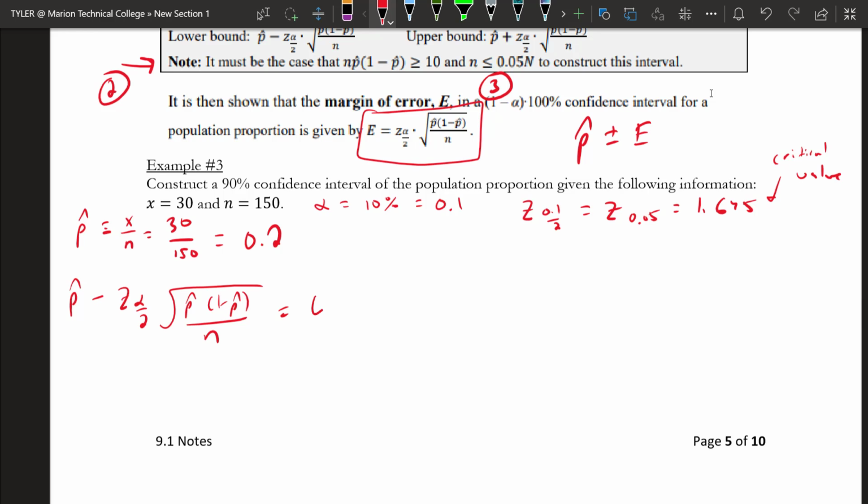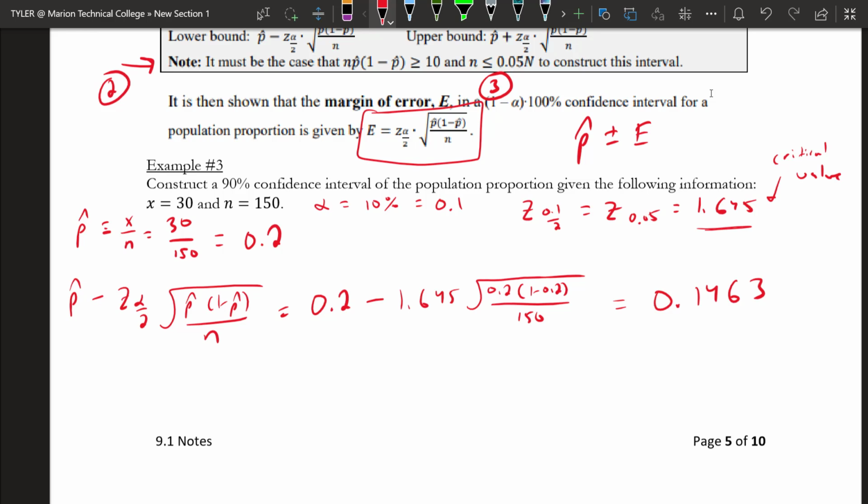My point estimate p hat is 0.2, minus my critical value 1.645, that's my z sub alpha divided by 2, times the square root of 0.2 times 1 minus 0.2 divided by n, which is 150. If we simplify that in your calculator, you get 0.1463 if we round to 4 decimal places.